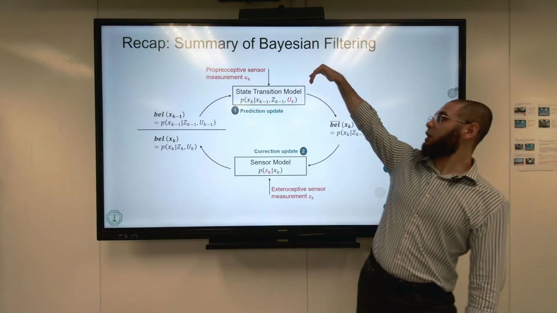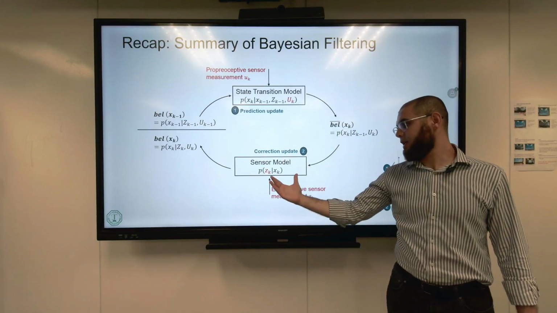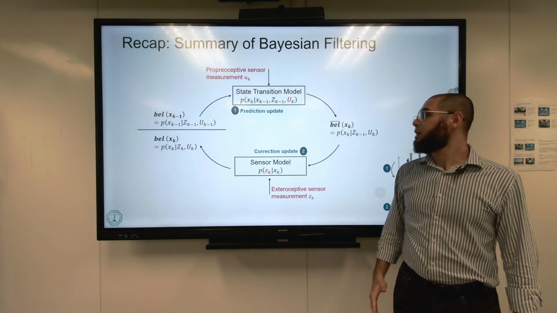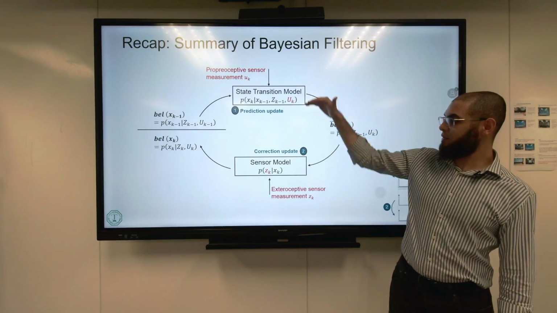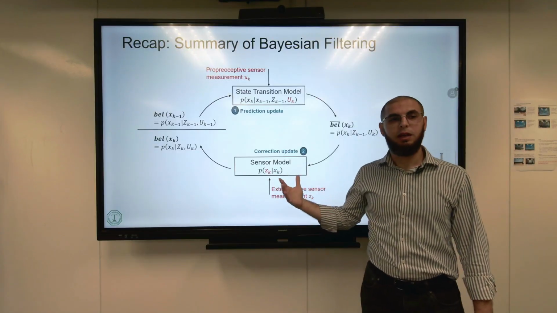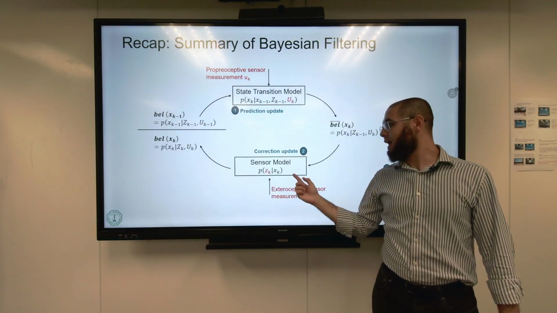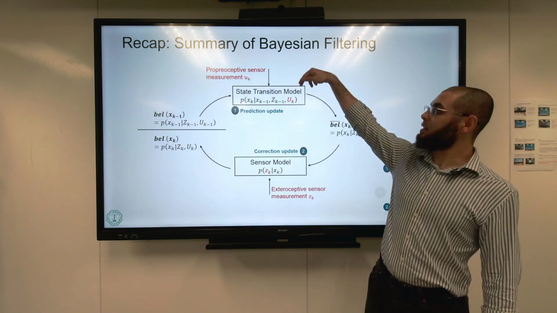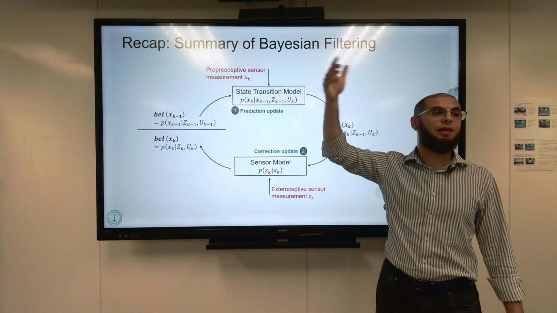Usually you assume that you have a control input U, and here is the measurement Z. But in practice, when we're doing the sensor fusion, both of these stages actually have sensory information. So here this is usually the observation model, how the exteroceptive measurements affect the state, and here this is the proprioceptive sensor model.